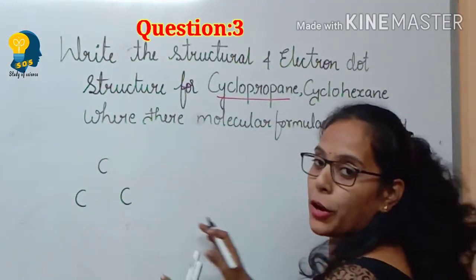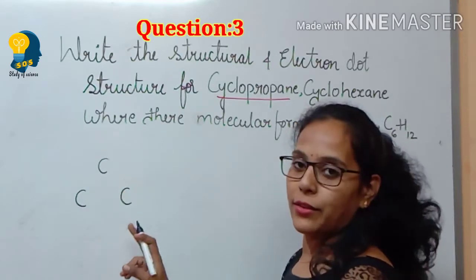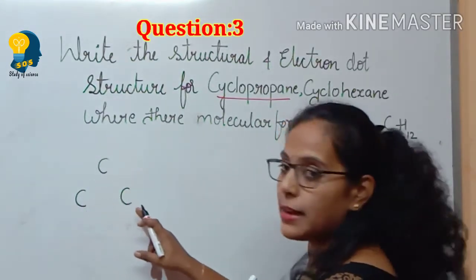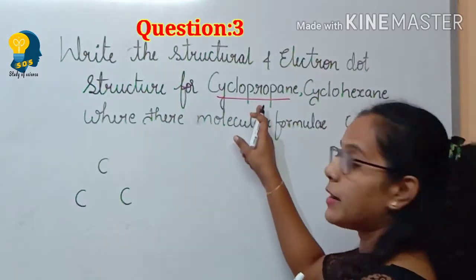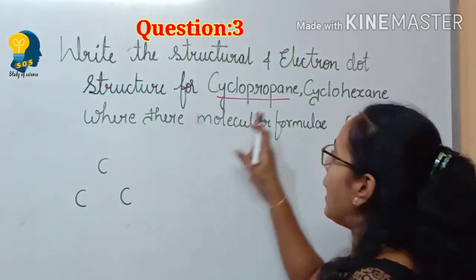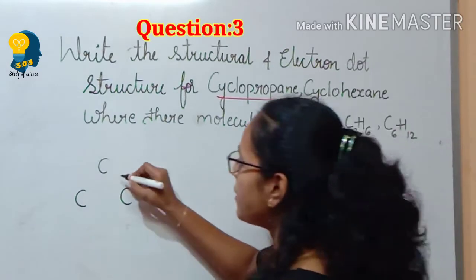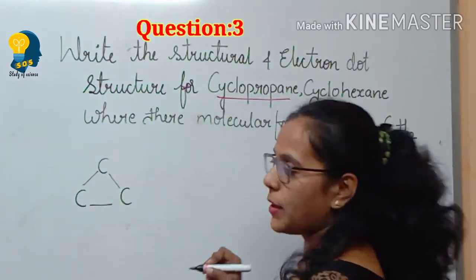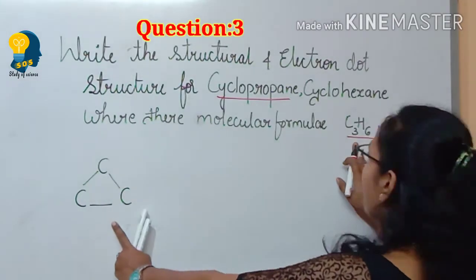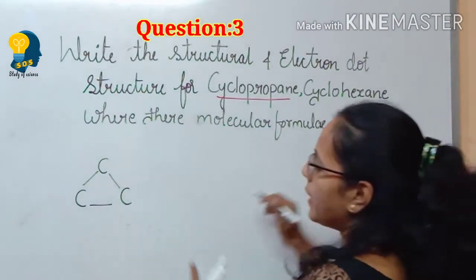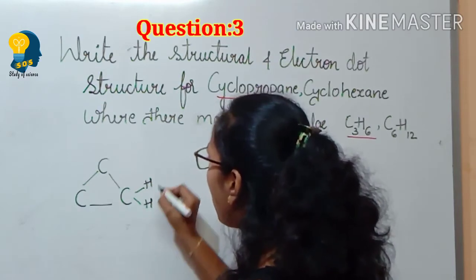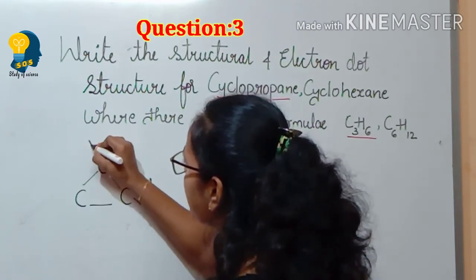So in this fashion I am going to write the 3 carbon atoms in a cyclic way, and prop means 3 carbons, and now ane. Ane means it is a single bond between the carbon and carbon atom. So C3 is over. Now H6, that means each carbon atom will have 2 hydrogen atoms.